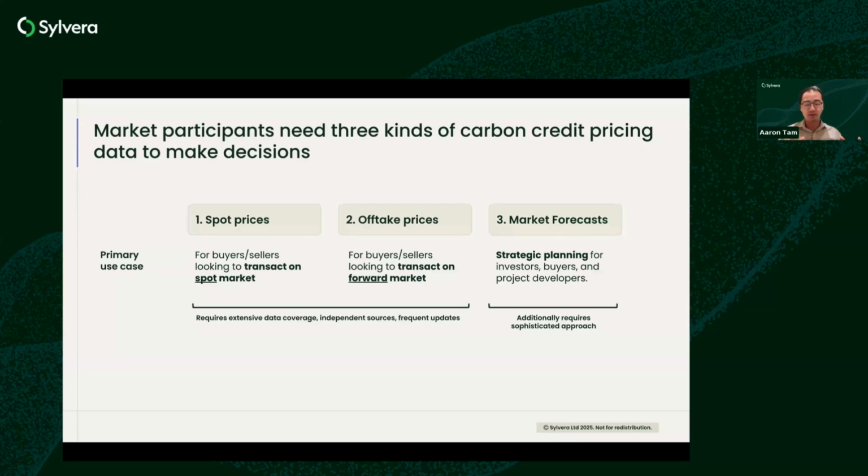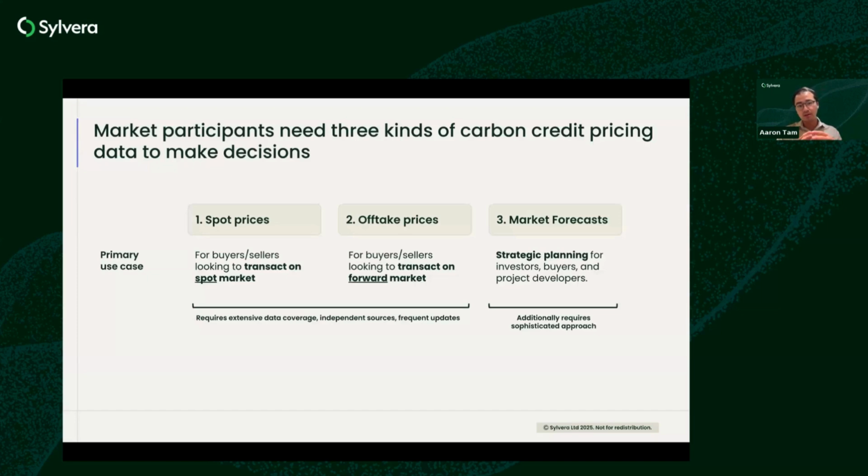They need to secure stable volumes of high quality credits, and the offtake market is kind of the place where companies are active in. And that's also where we work with a lot of our clients. So having visibility on spot prices is probably not good enough, and you want to look at offtake prices.